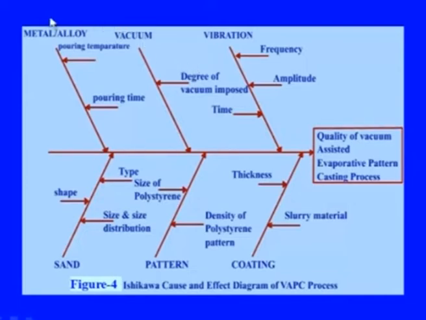These are basically the metal and alloy based parameters, then vacuum based parameters, then vibration based parameters like frequency and amplitude, then time, then the sand based parameters, shape, size and the type of the sand, etc. Then the pattern based parameters, mostly the density of the polystyrene pattern, and then coating based parameters.